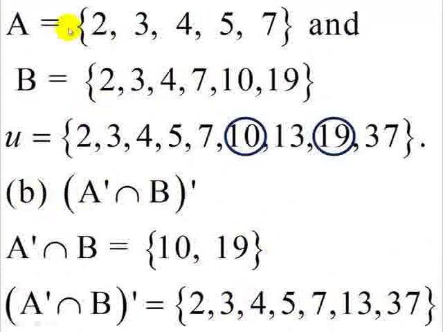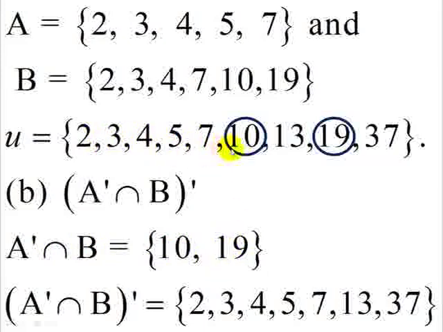Now, we were given A in the question, we are also given B and the universal set. Now, A complement intersection B complement. A complement intersection B gives us 10, 19. So, A complement intersection B complement means we are to search for elements that belong to the universal set but do not belong to A complement intersection B, that is 10, 19.